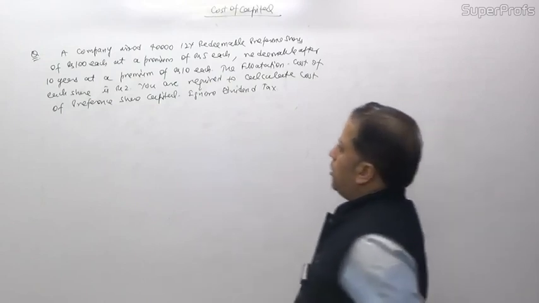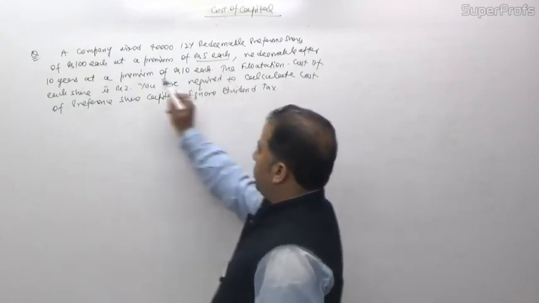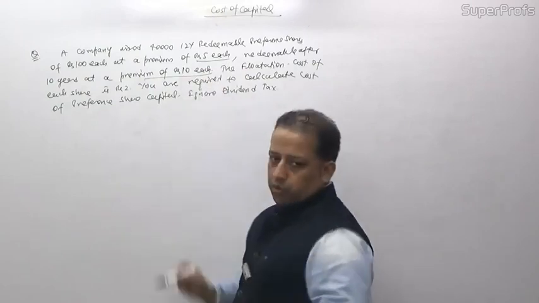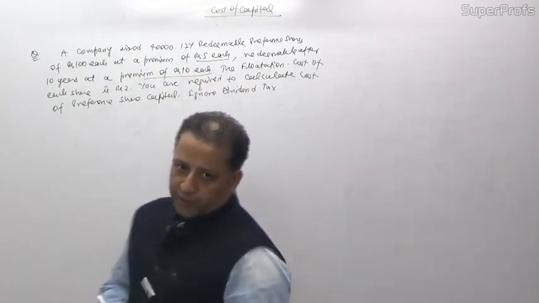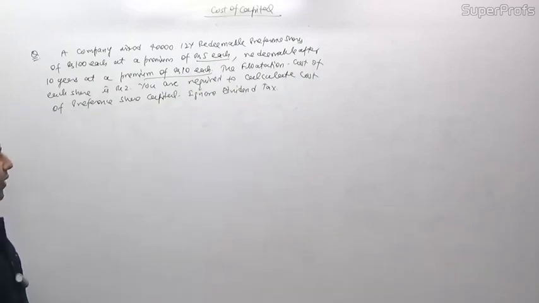So the shares are issued at a premium of rupees 5 each and redeemable at a premium of rupees 10 each. At the time of issue, the amount of premium is rupees 5, but at the time of redemption, the premium would be rupees 10 per share.